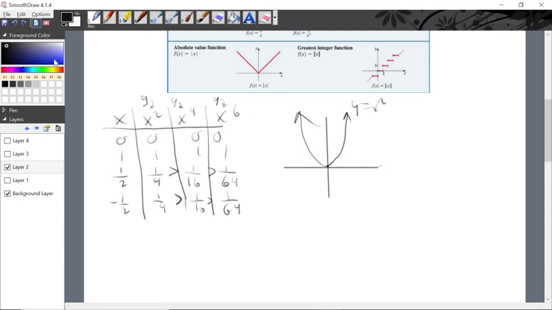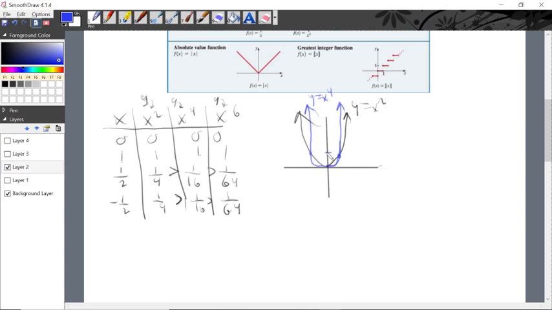Oh, blue. x to the fourth is going to be hugging the axis a little more, and then it's going to go up like that. Sorry for the poor graphing here. So y equals x to the fourth. x to the fourth is closer to the x-axis than x squared is. But they intersect each other, right?